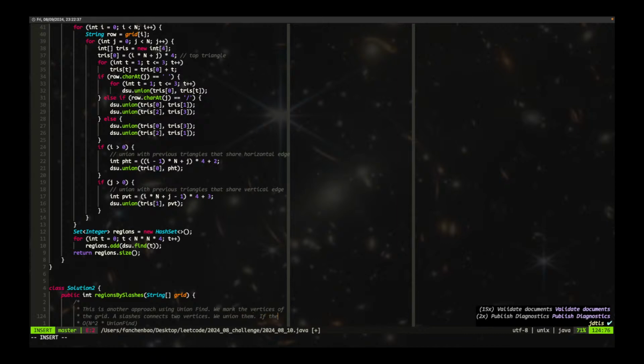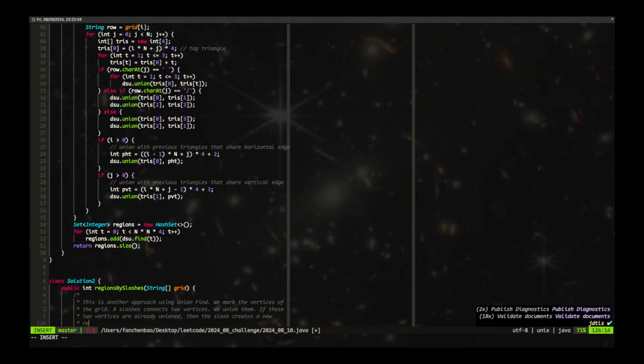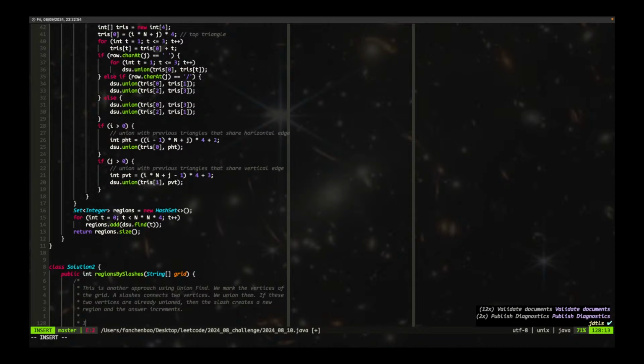If these two vertices are already unioned, then the slash creates a new region, and the answer increments. Initially, we union all the vertices along the boundaries.